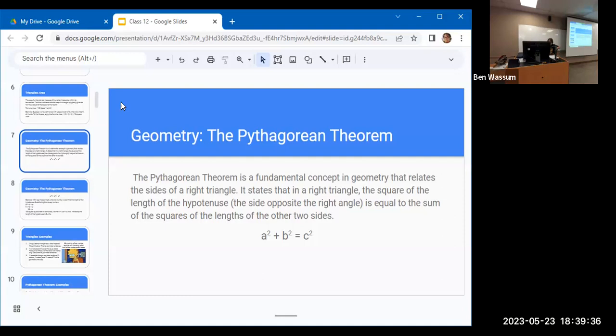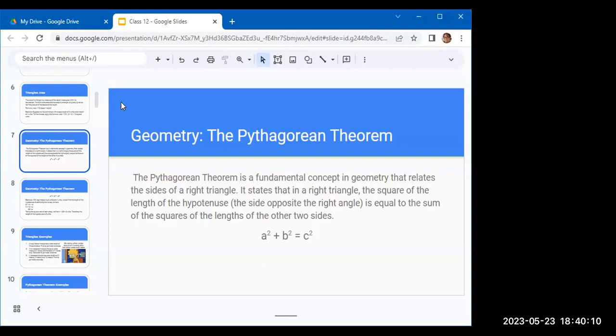If I reviewed, it would literally just be roughly the same things, just perimeter and area of rectangles. But this is the Pythagorean theorem. This is something that relates the three sides of a right triangle together. So as long as it's a right triangle, the A and the B are the lengths of the legs, and the C is the length of the hypotenuse.